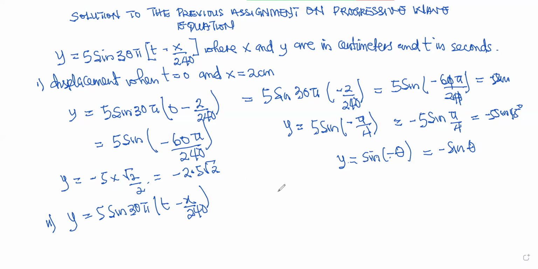The general progressive wave equation is y equals A sine of (ωt minus kx).